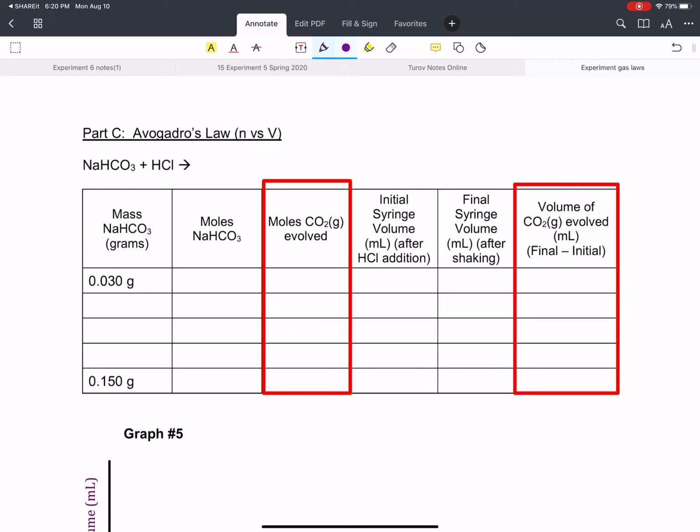So the reaction that we're investigating is a double displacement gas evolution reaction. So the products of the reaction are NaCl plus water plus CO2. And this is a gas, and you know that gas is forming in this reaction by the formation of bubbles. And notice the mole ratio in this equation is 1:1 between sodium bicarbonate and CO2.